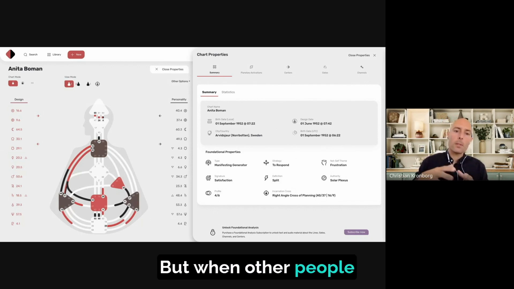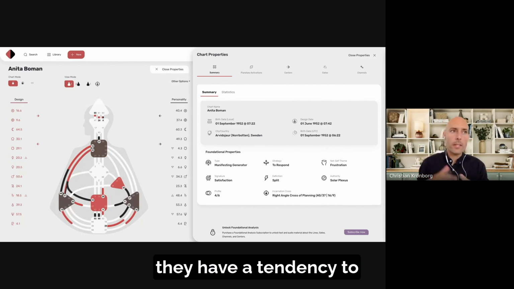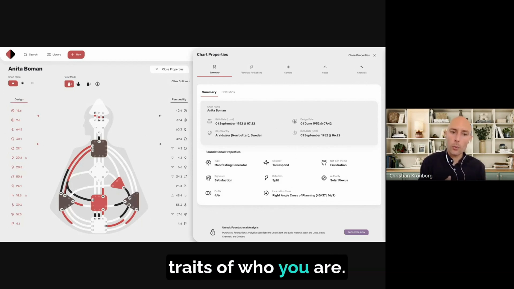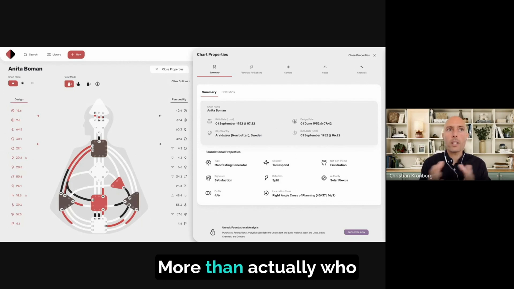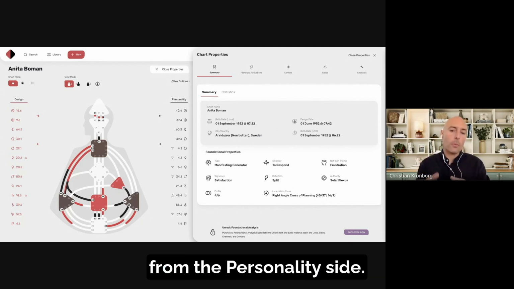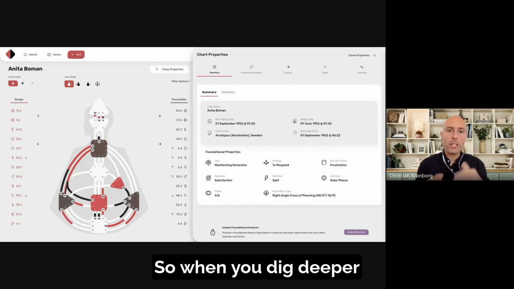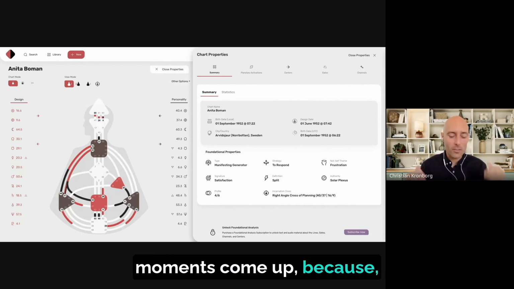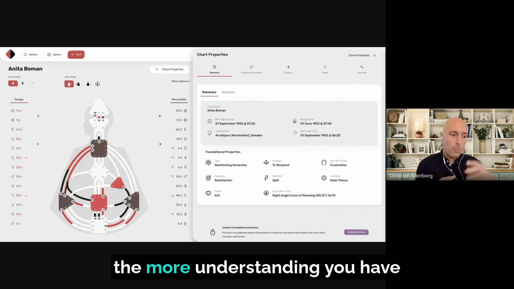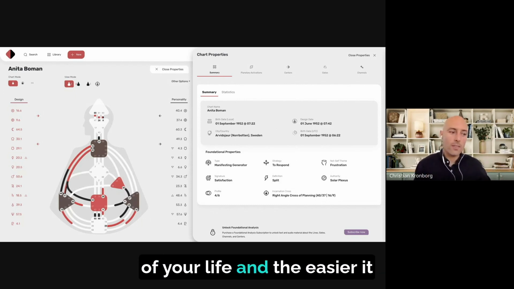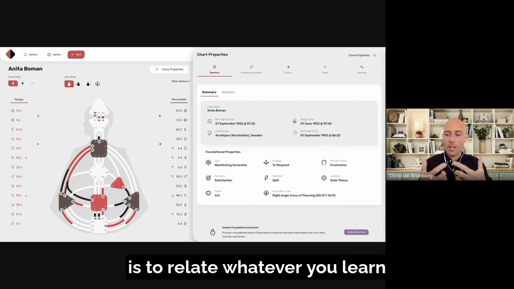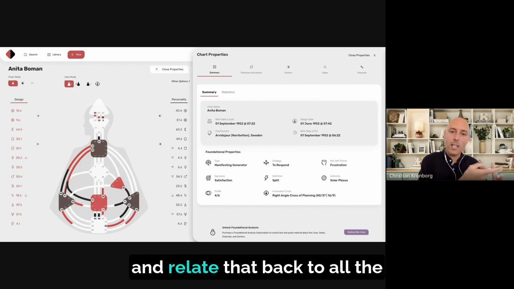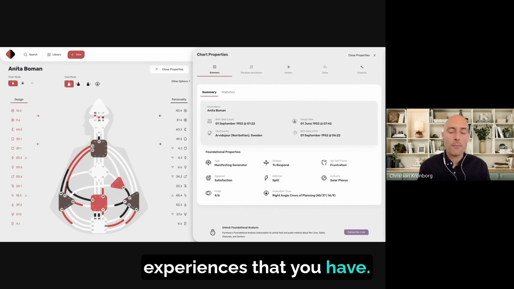But when other people interact with you, they have a tendency to experience the more hidden traits of who you are, more than actually who you think you are from the personality side. So when you dig deeper into human design, a lot of small aha moments come up, because the older you are, the more understanding you have of your life, and the easier it is to relate whatever you learn from human design back to all the experiences that you have.